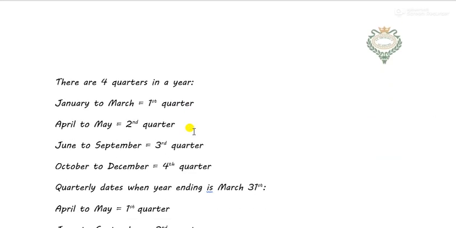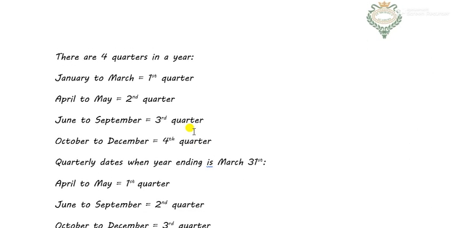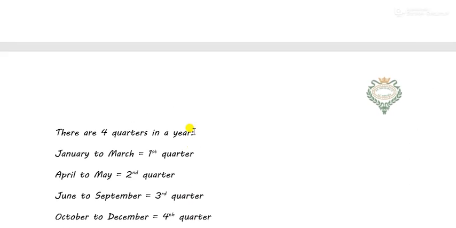Okay, now let's understand the quarters so that you don't face any problem in the practical problems. So normally, it's a fact that there are 4 quarters in a year. First one is, if the sum says that the year ending is December 31st, what does it say? It says that the year is starting from January and ending on December.